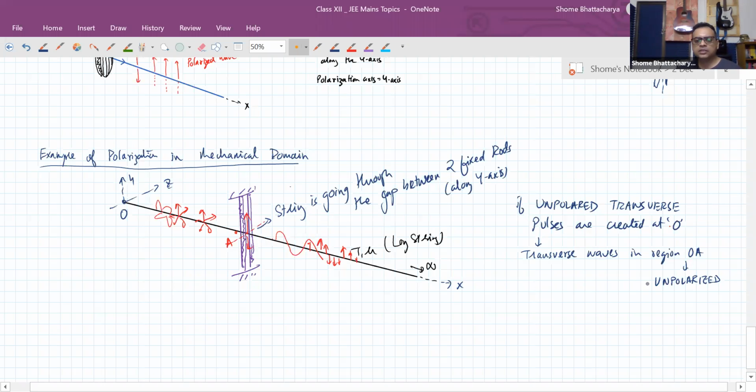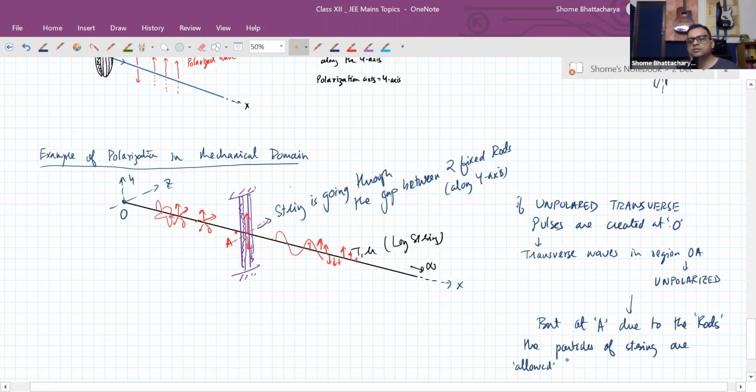So anyway, coming back, this is unpolarized, but at A, due to the rods, the particles of the string are allowed to displace only along the y-axis.